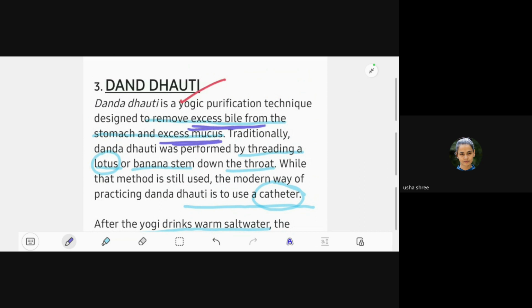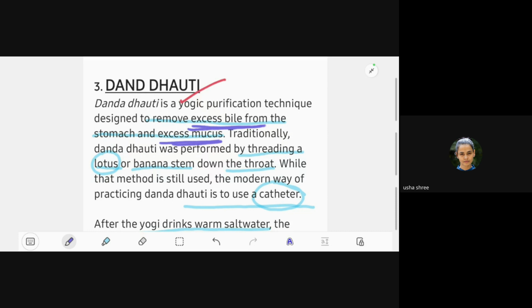That means the one who has acidity all the time, the feeling of GERD, burps, a feeling of spice in the throat, nausea all the time. The one who is obese, the one who feels congested or not able to breathe properly.